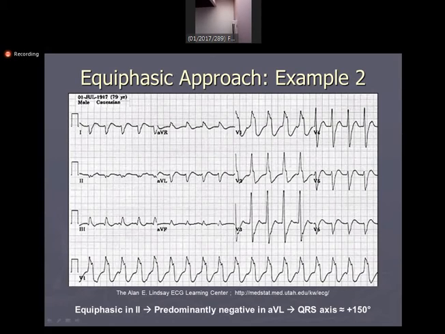In 6 seconds, the heart beats 11 times. So how many beats will occur in 1 minute? 6 seconds, 11 beats. If we multiply by 10, that is 60 seconds. What will be the result? 110 times.